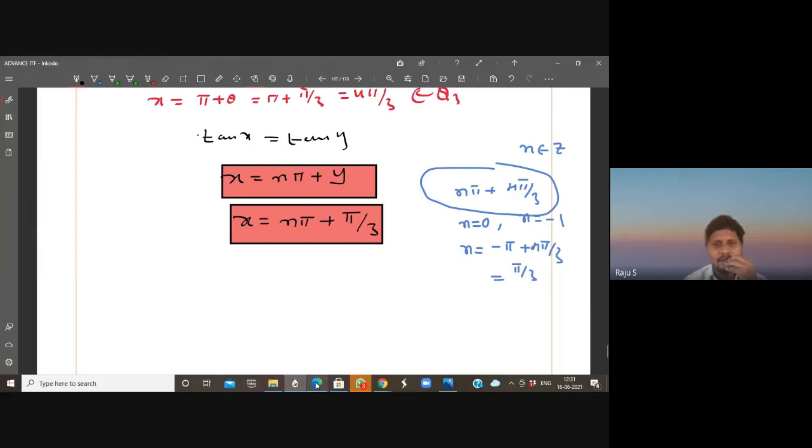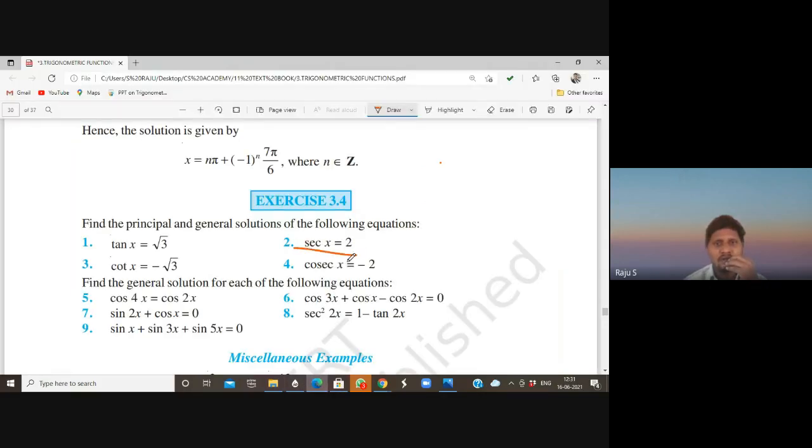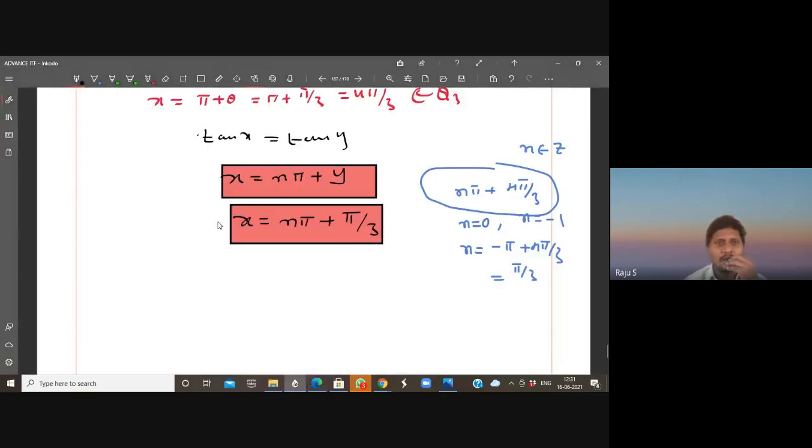Next, we already found the principal solution for the second question. Let us see the general solution. Secant x is equal to 2. To find the general solution, what do we have to do?